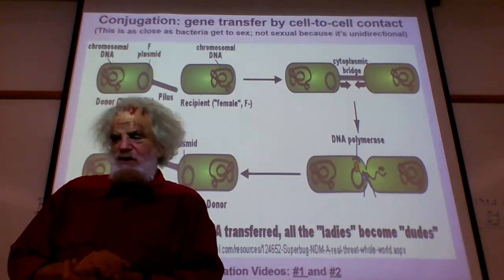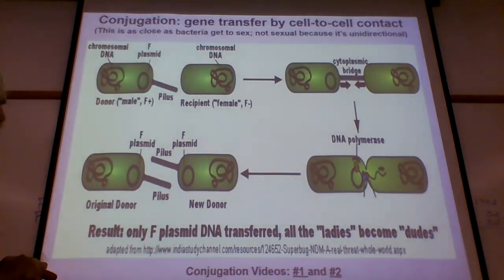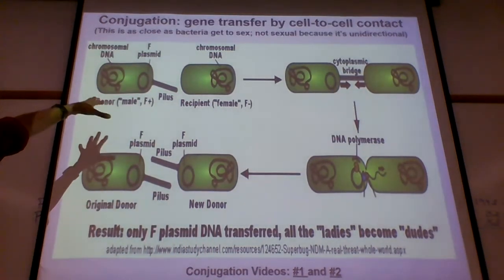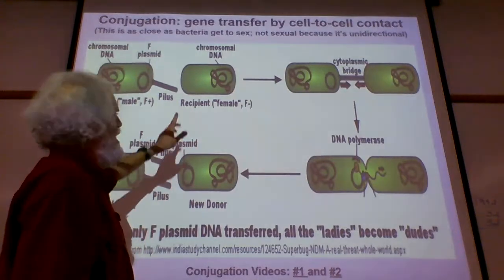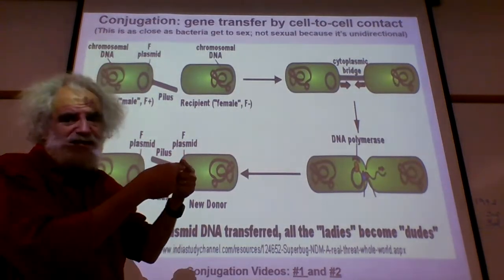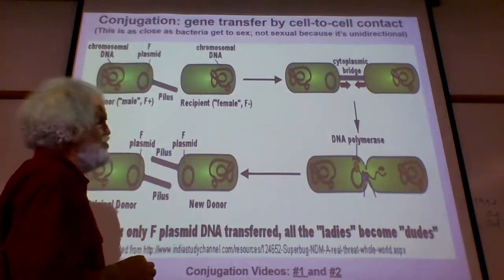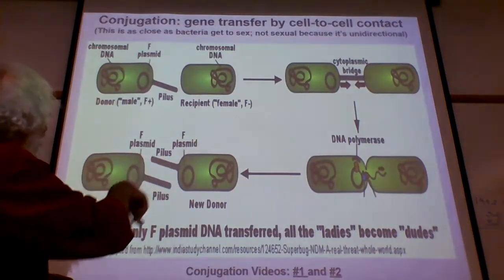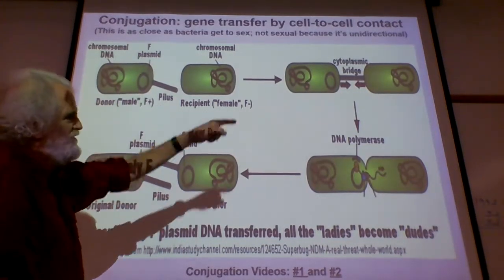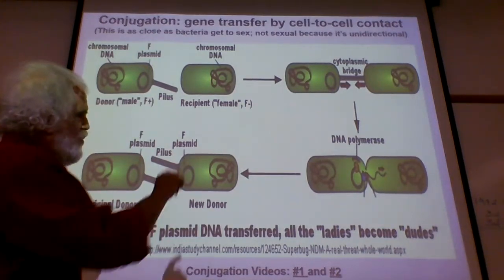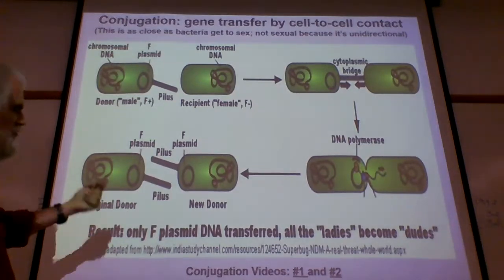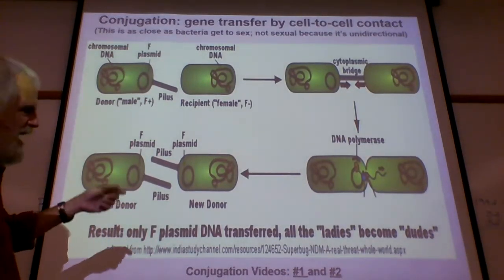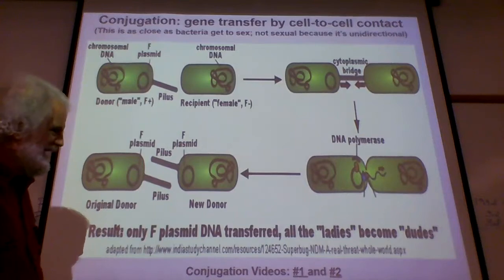So it requires what's known as an F prime or an F plasmid, and the recipient is going to be F minus. They produce a cytoplasmic bridge. They actually have a connection, a little tube, and DNA can move around, so the F plasmid can be transferred. Once that happens, the bacteria break apart.